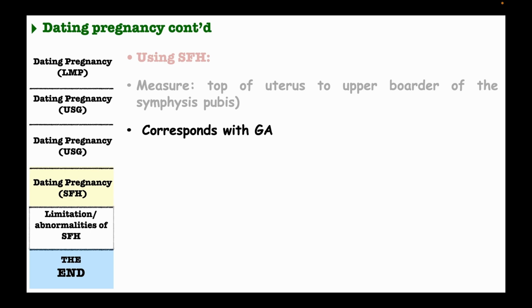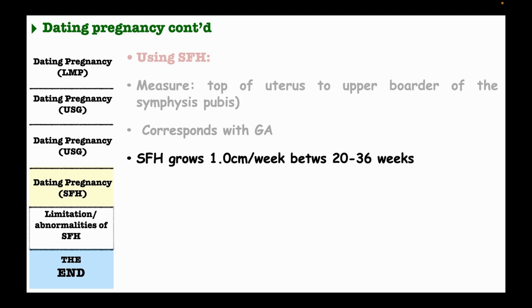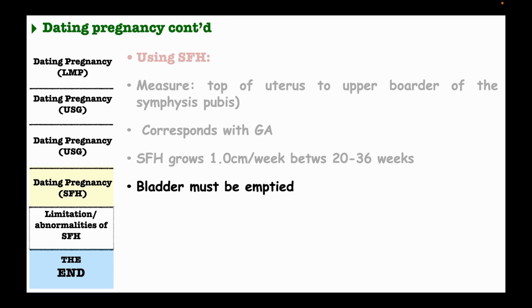On average, the symphysiofundal height grows about 1 centimeter per week from the 20th to the 36th week of pregnancy. When we are measuring the symphysiofundal height, it is important that we empty the bladder so that it does not alter the measurement.